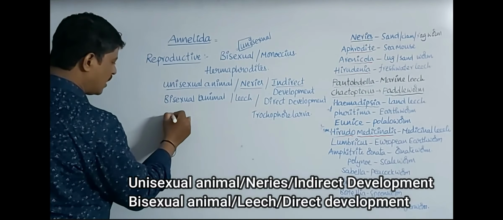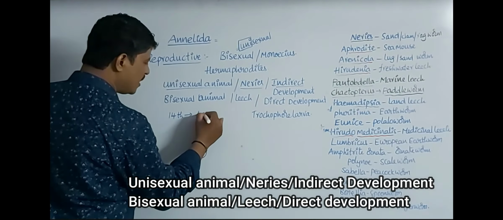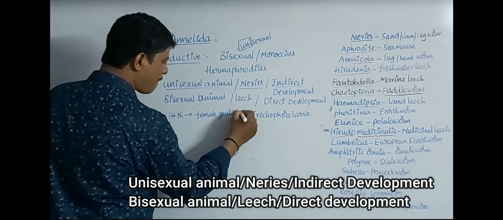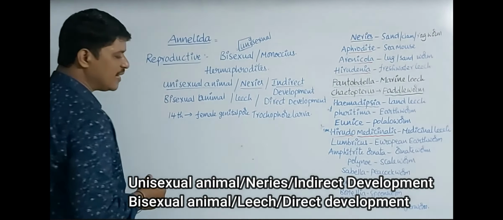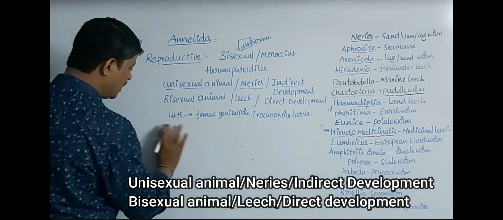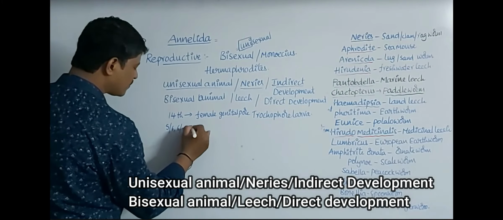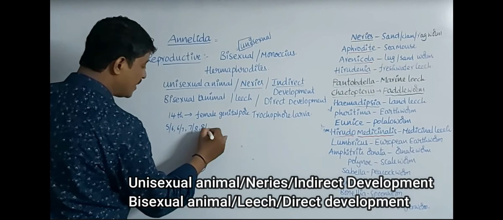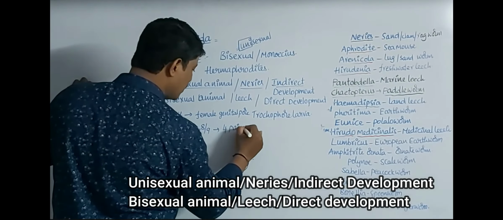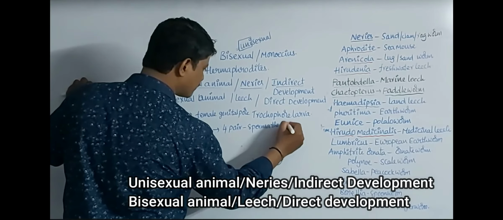In earthworm, the 14th segment has the female genital pore. At the 5/6, 6/7, 7/8 and 8/9 segments, it has 4 pairs of spermatheca.